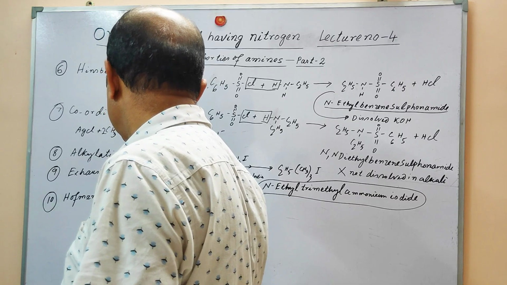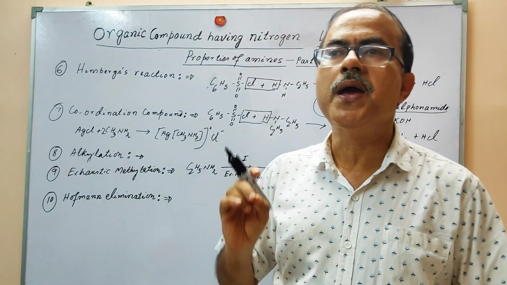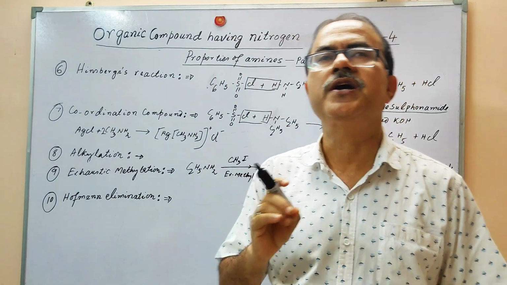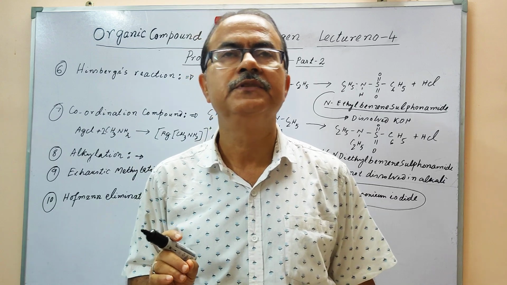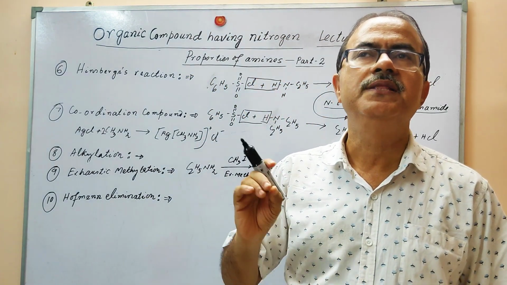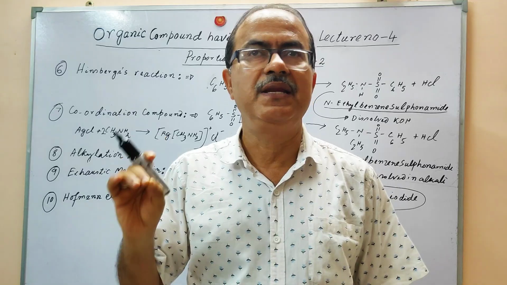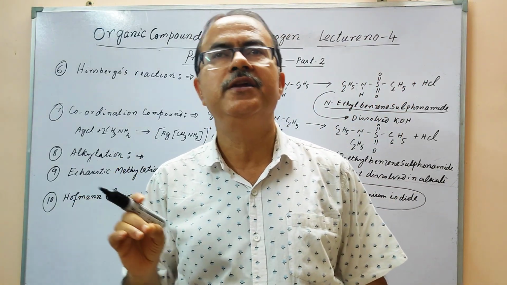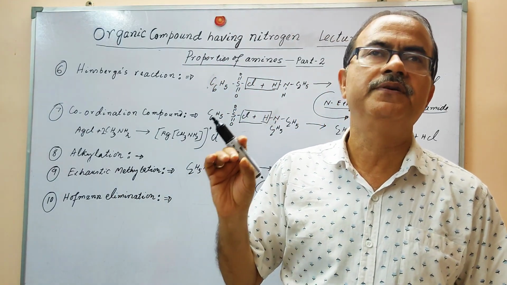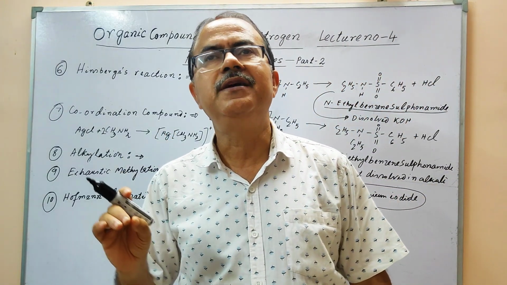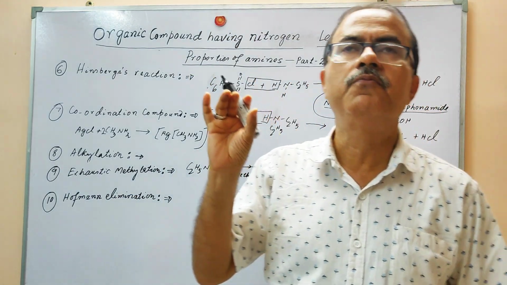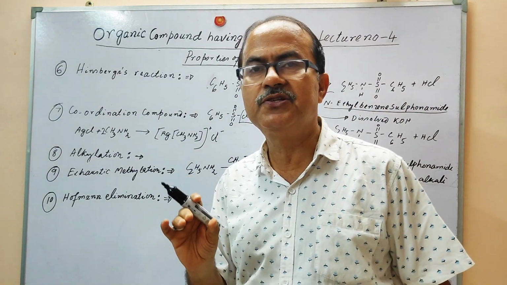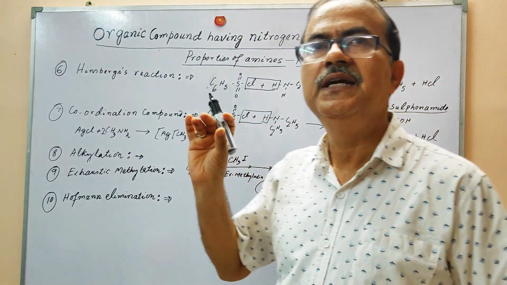In this case, when we undergo pyrolysis of the quaternary ammonium hydroxide, it is going to produce the least substituted alkene. Normally, with alcoholic dehydration, that is the Saytzeff reaction, we find the formation of the alkene which is highly substituted. But in the Hofmann elimination we will find it is the least substituted.